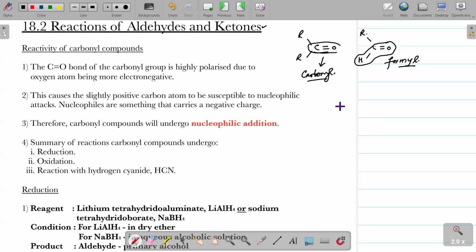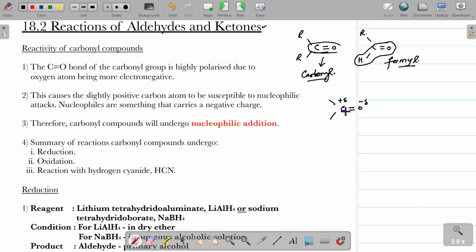So for understanding, let's consider this carbonyl group, and I'm leaving these two vacancies vacant. It depends on us whether we want to make it a ketone or aldehyde. So this carbon and oxygen have an electronegativity difference, due to which oxygen, being more electronegative, gets partial negative charge, and this carbon gets partial positive charge.